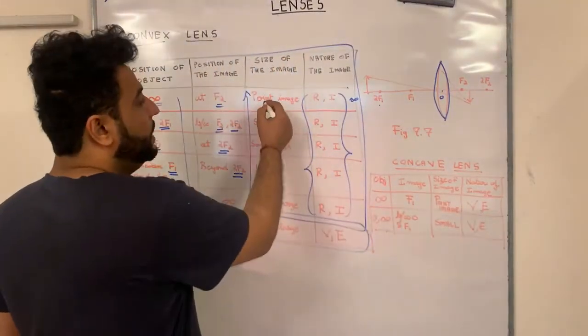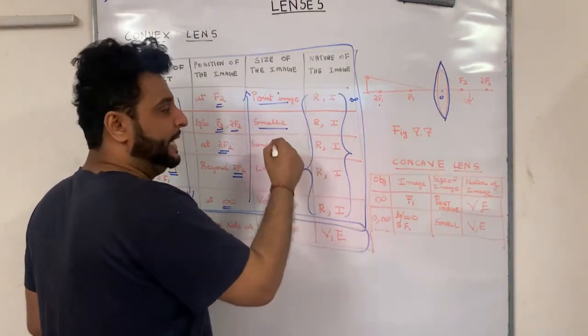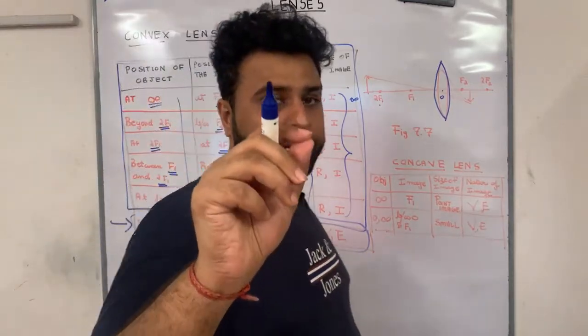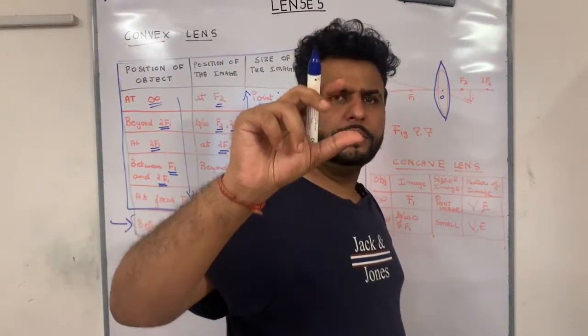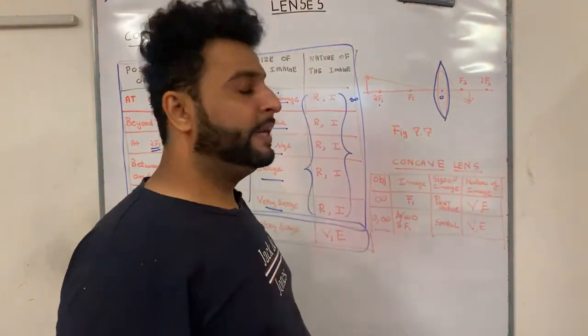For example, the image is just a point, then smaller, same size, large, very large, and extremely large. And otherwise it is real and inverted.